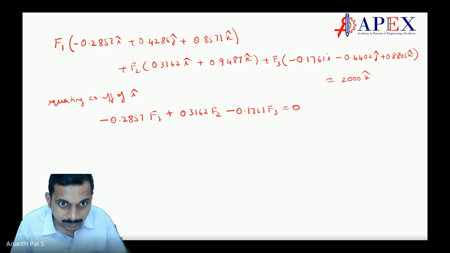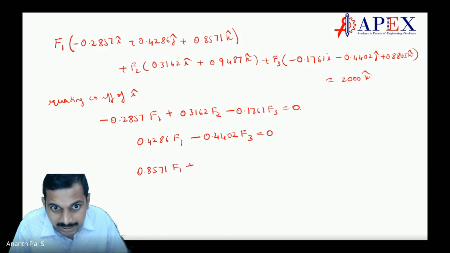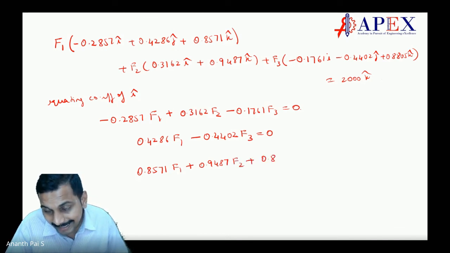Next one, you get it as 0.4286 F1 minus 0.4402 F3 is equal to 0. Third one, we get it as 0.8571 F1 plus 0.9487 F2 plus 0.8805 F3 is equal to 2000.